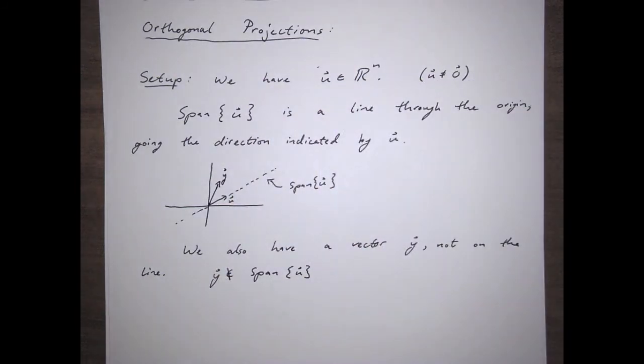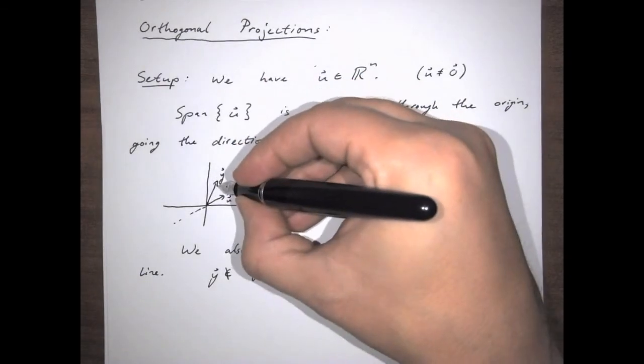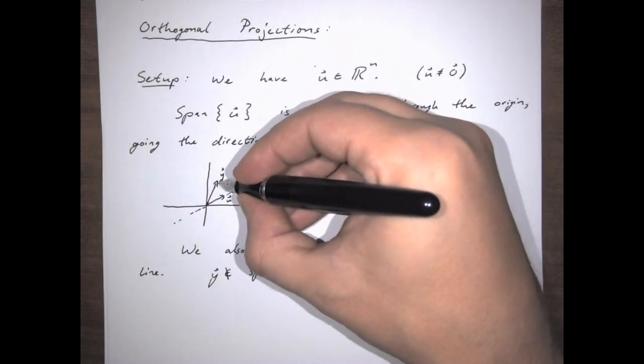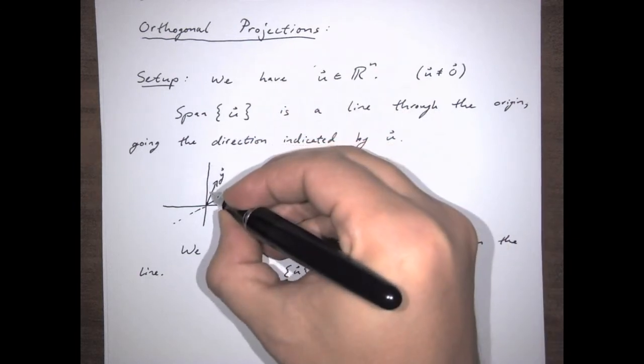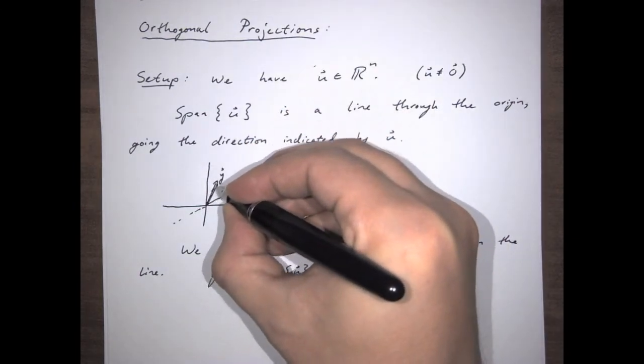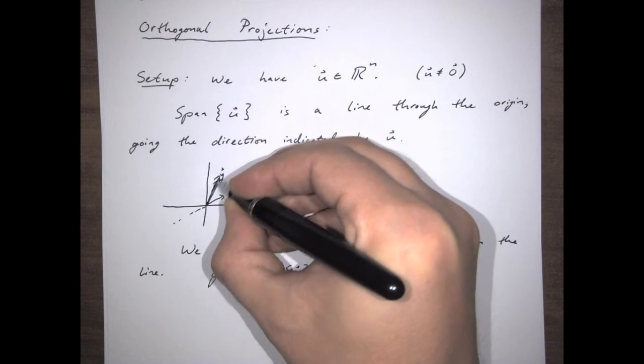Okay. Then what we can do is find the projection, like the shadow. Actually, I'm going to draw my y slightly longer to make my point more clear.